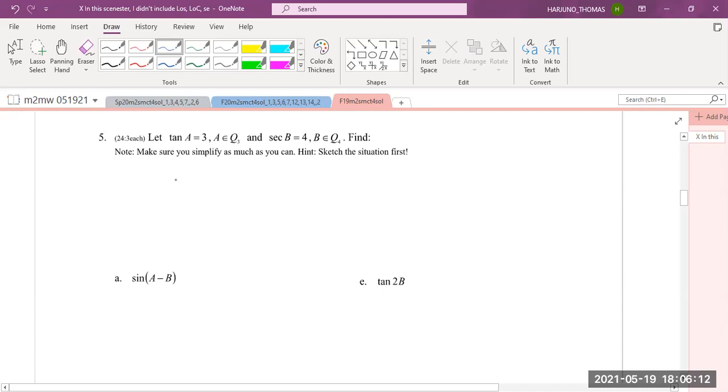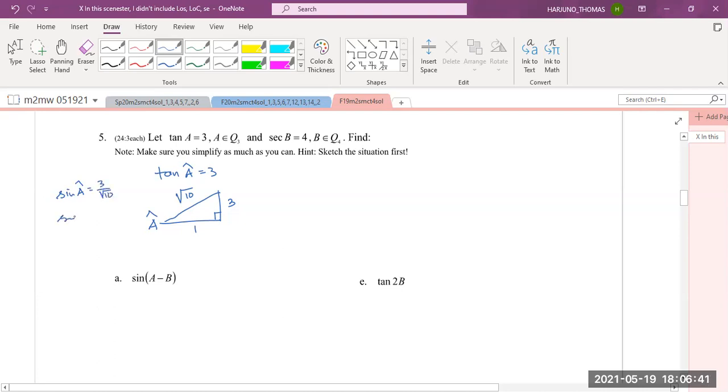So let's see. Tangent A equals 3, and A is in quadrant 3. Now let's take a look at the reference angle. Tangent A hat equals 3. So if this is A hat, with sides 3 and 1, the hypotenuse will be square root of 10. So sine A hat is 3 over radical 10.